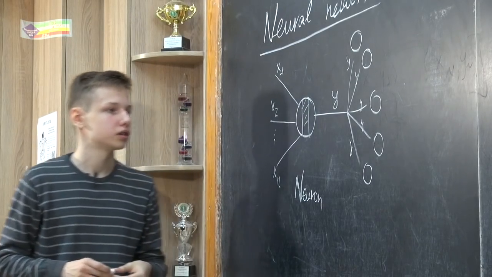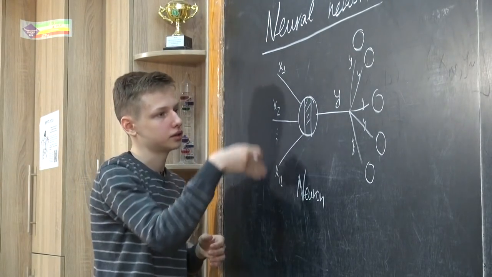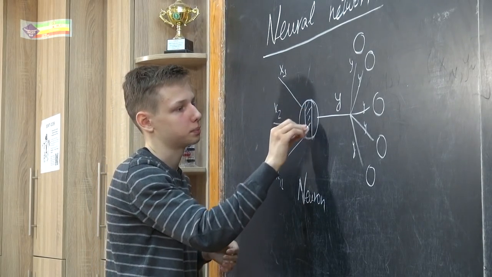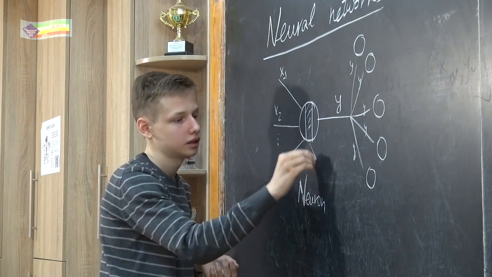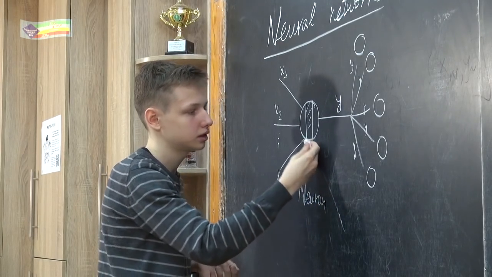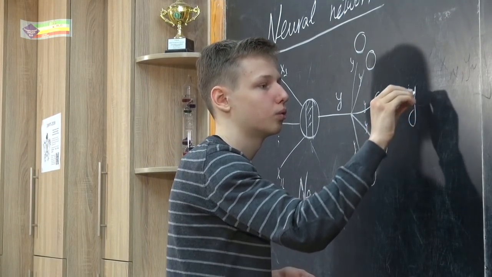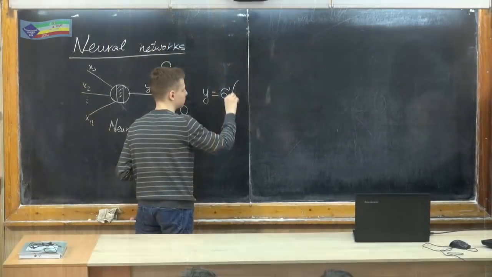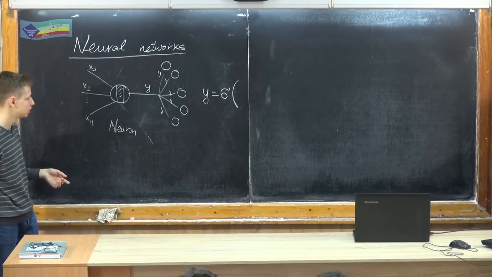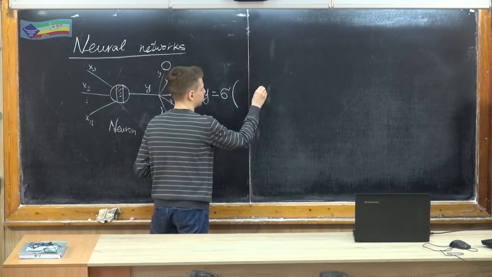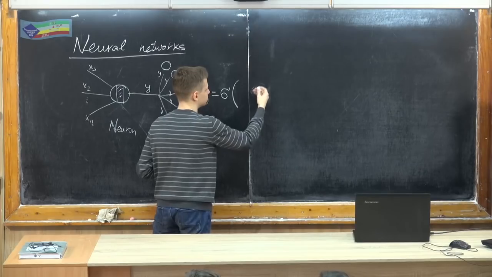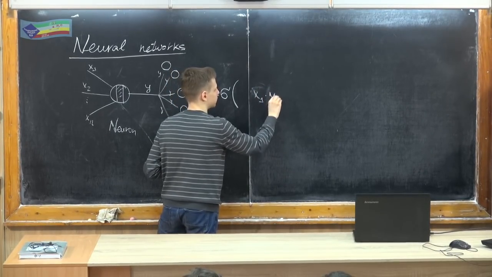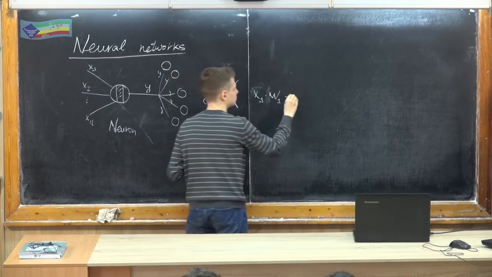After we've defined inputs and outputs, we finally can define the calculation part. Usually we can calculate y by this formula. We have some function, which we will talk about later, taken from the sum of inputs multiplied by some constants.